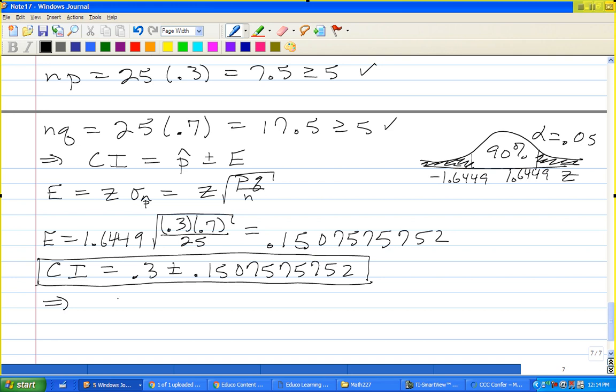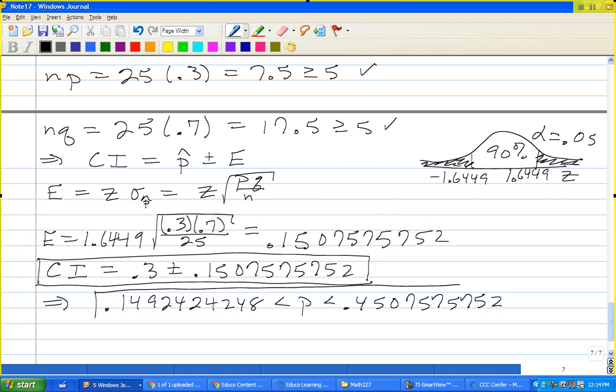And so this is equal to 0.1492424 and 0.450757572. So if I write it in this fashion, it'll be easier for me to check.